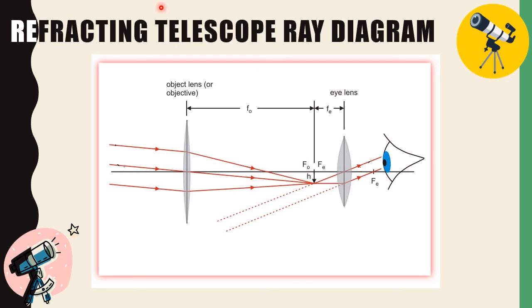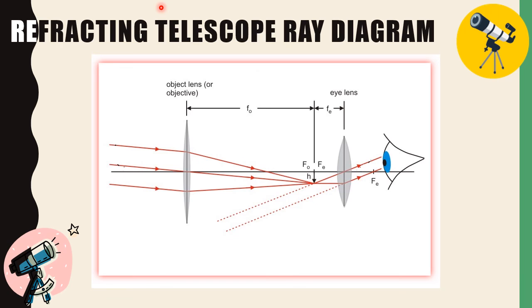The magnification of a telescope or any optical instrument is how much bigger the image is compared with the object. So, for example, the magnification of a refracting telescope is equal to the focal length of the objective divided by the focal length of the eyepiece.